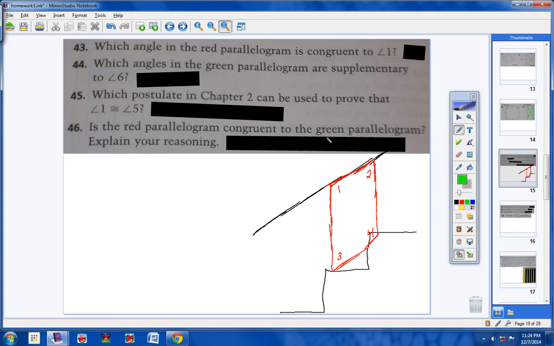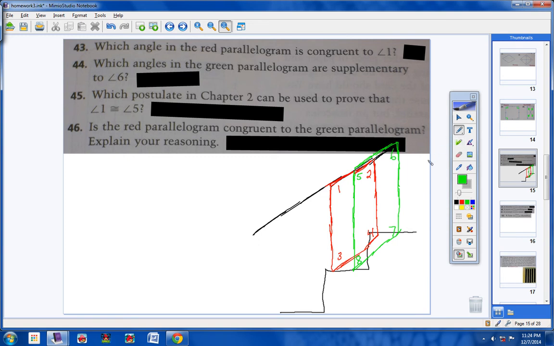We got a green parallelogram right here. And let's see, those angles are 5, 6, 7, 8. That's the best I can do, guys. Okay, here we go. Which angle in the red parallelogram is congruent to 1?